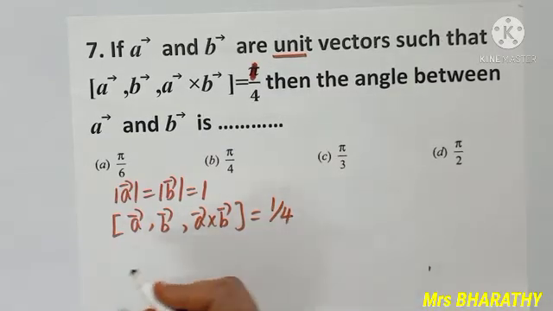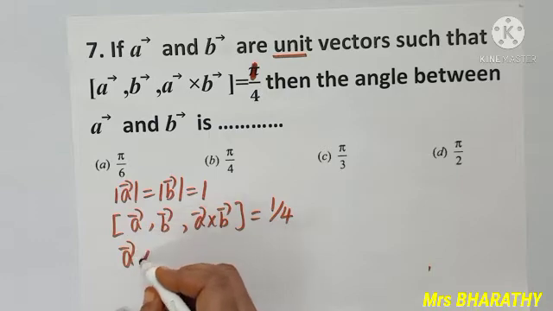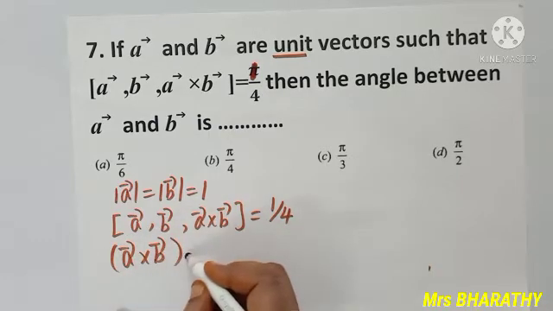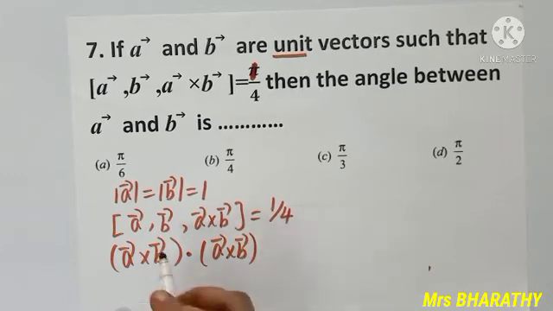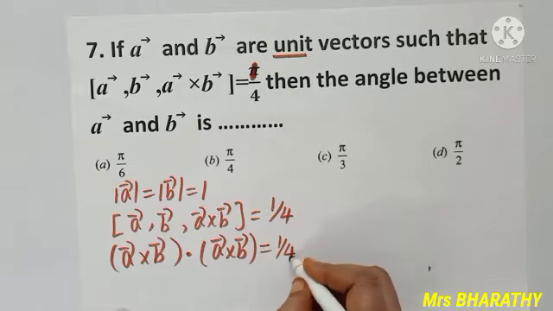What does this mean? It is A cross B dot A cross B. So I can write it as one side cross, one side dot. Wherever I put cross, I have to immediately put a bracket, and this is nothing but 1 by 4.